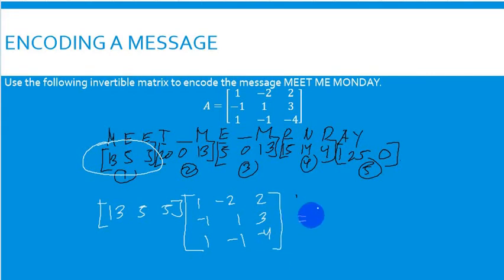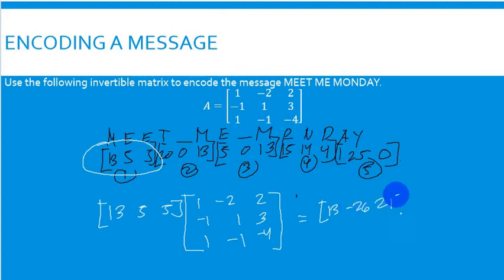In doing so, I will produce another 1 by 3 matrix, this time encoded, so the numbers do not directly correspond to its letters. If I do this multiplication, I actually get 13, negative 26, 21.